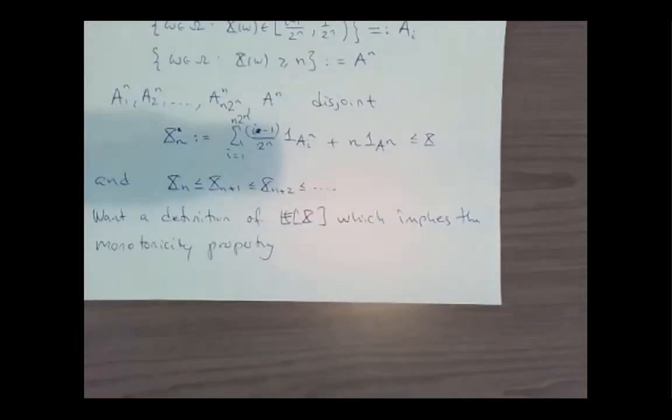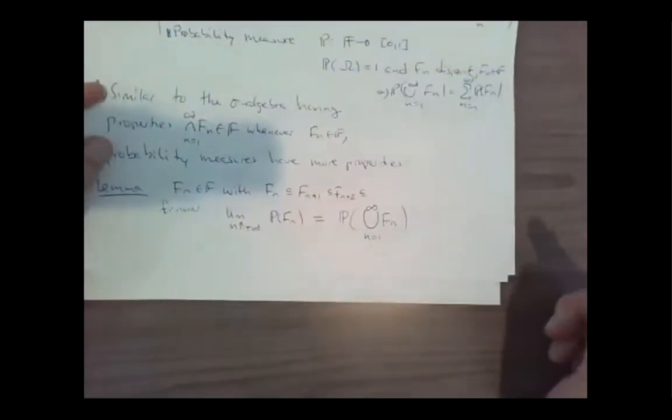And we had already talked about monotonicity properties early on today. We had talked about, let's see if I can find the slide, we had already talked about monotonicity properties.